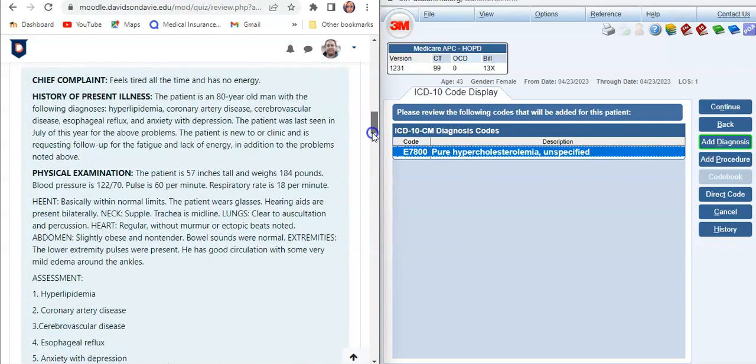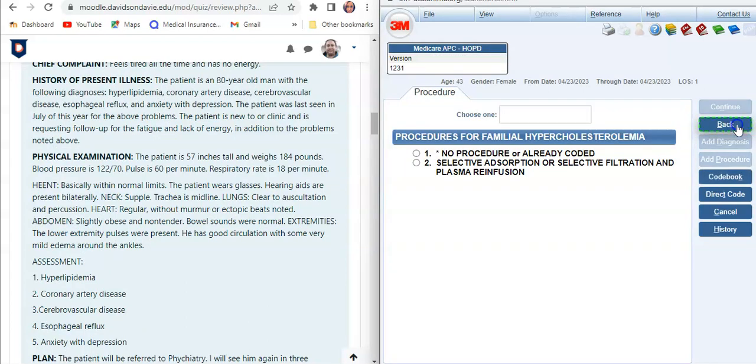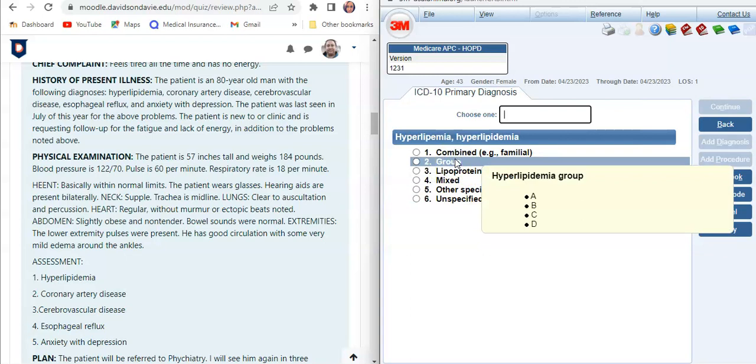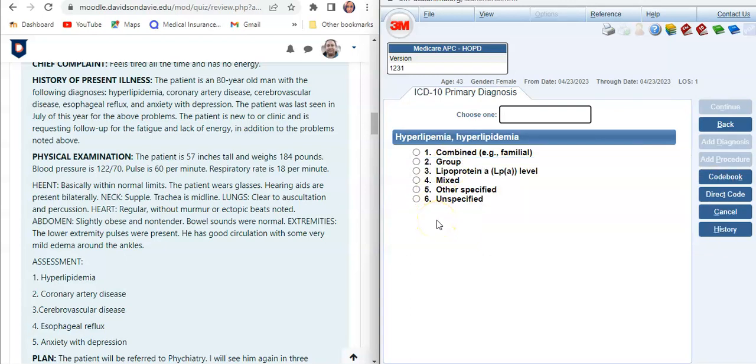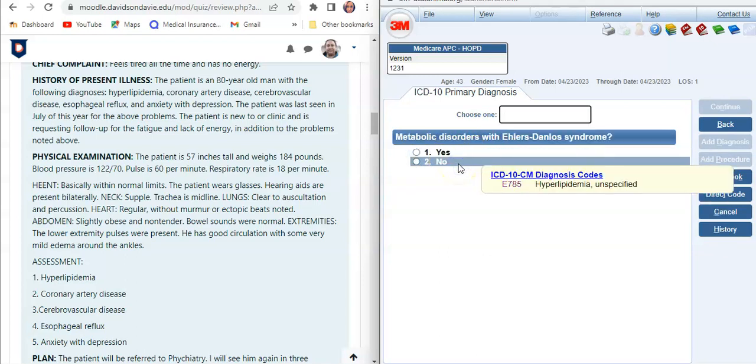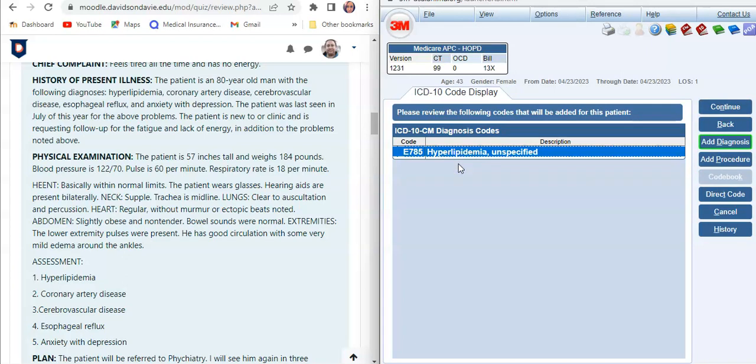Where did I mess up at? So we can actually go back, which is quite nice. So it's hyperlipidemia. Other unspecified. Other specified. Yeah, it doesn't say where the, oh, I must have hit with unspecified, but it's unspecified. Other. There we go. That's more like it. So E78.5 is the code there.